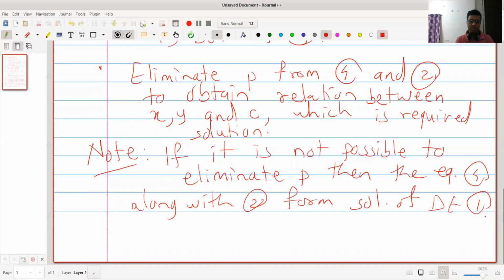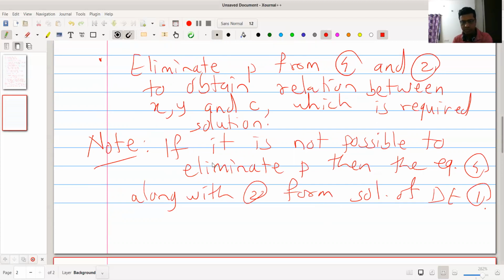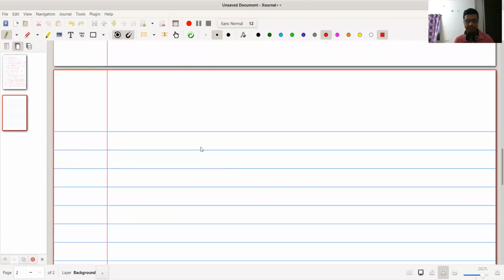We solve examples. First example, solve p square y plus 2px equal to y.